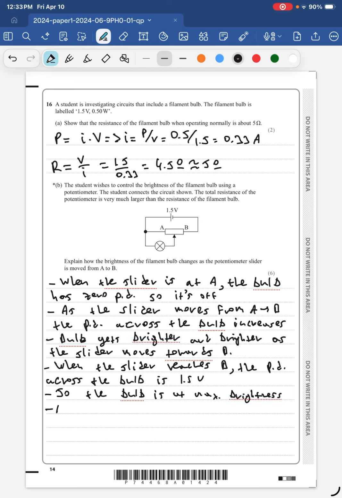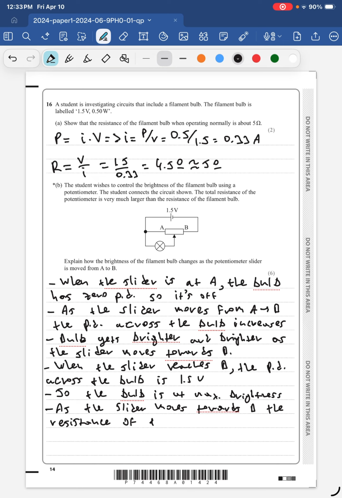And another thing you can write is that as the slider moves towards B, the resistance decreases. The combined resistance.